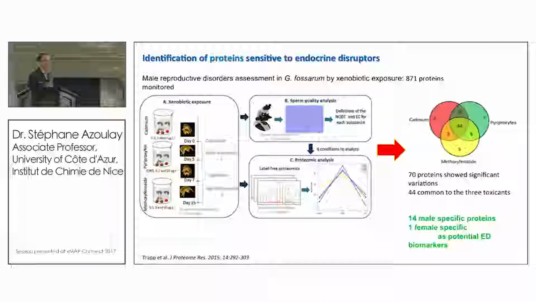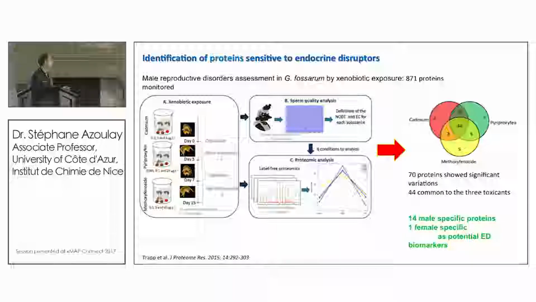After that, we verified that these biomarkers are influenced by endocrine disruptors, and we chose 3 compounds which were representative of the modifications that can be induced when an invertebrate is exposed to endocrine disruptors. We followed during this exposure study 871 proteins, among them the 224 proteins identified with a strong sexual dimorphism.